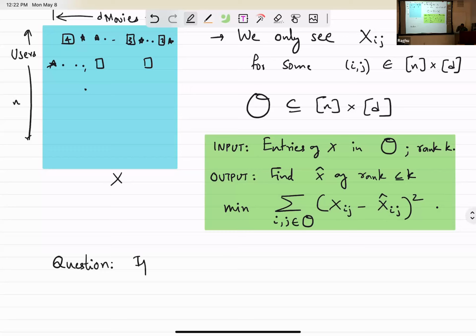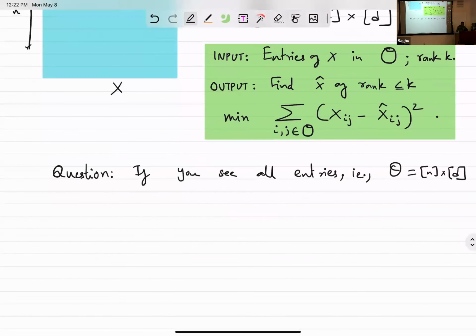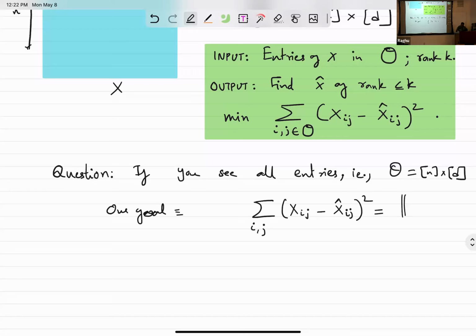So to go with what you're saying, if you see all entries, meaning O is everything, you see all of the observed entries, then our goal is equivalent to minimizing, okay, so our goal would be to find a matrix of rank at most k, which minimizes the Frobenius norm squared error, or the sum of squares error across all of the entries, and we know how to solve it.